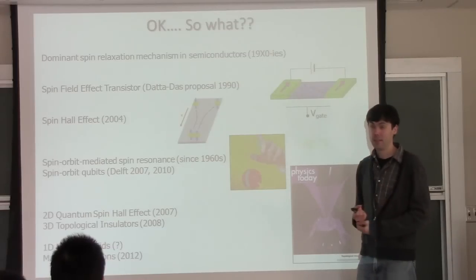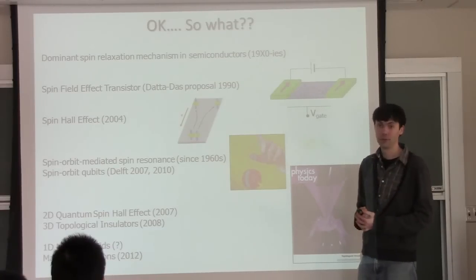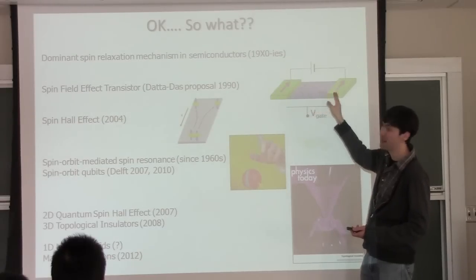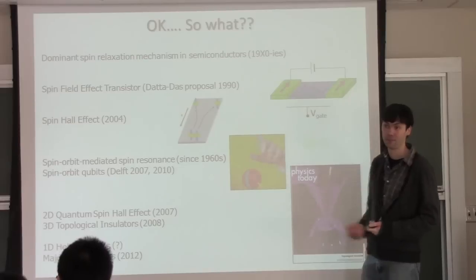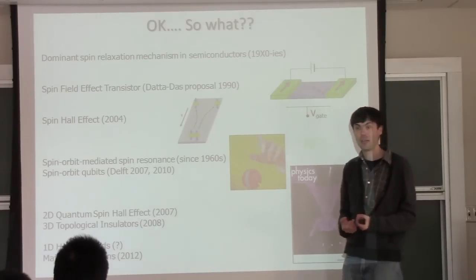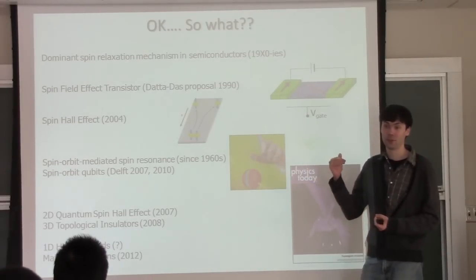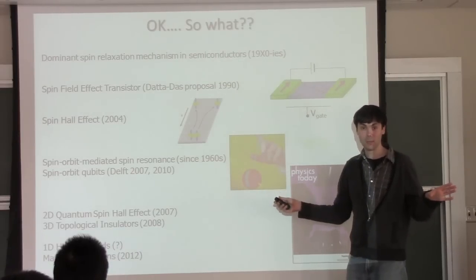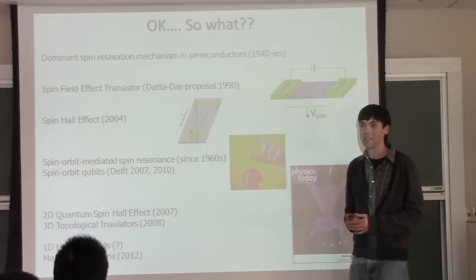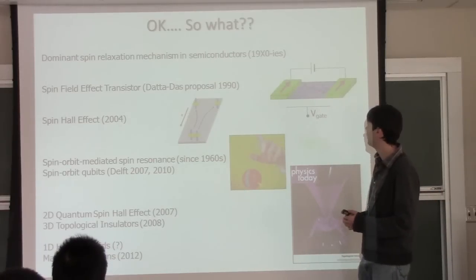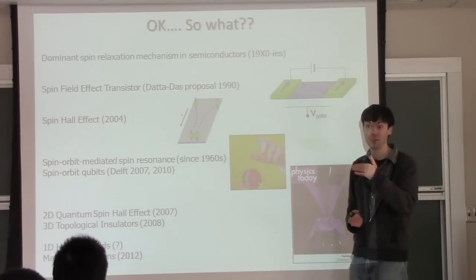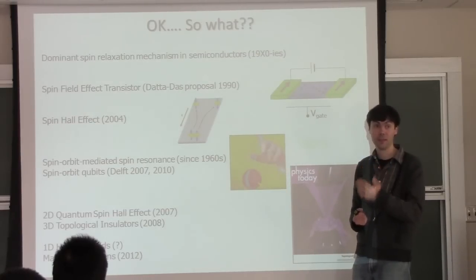And this is gate controlled. What they proposed is that they wanted to change the rotation angle of these spins with this gate. Now remember, you cannot do that by just changing the density of electrons. Remember, what this gate does in all of our examples so far was that it would change the density of electrons and change the velocity of these electrons, the Fermi velocity.